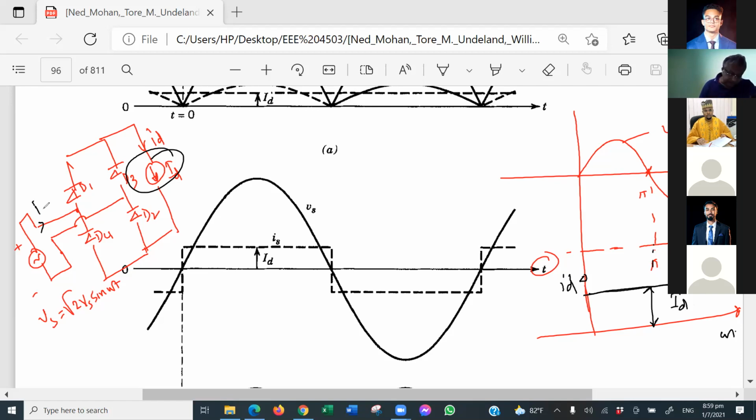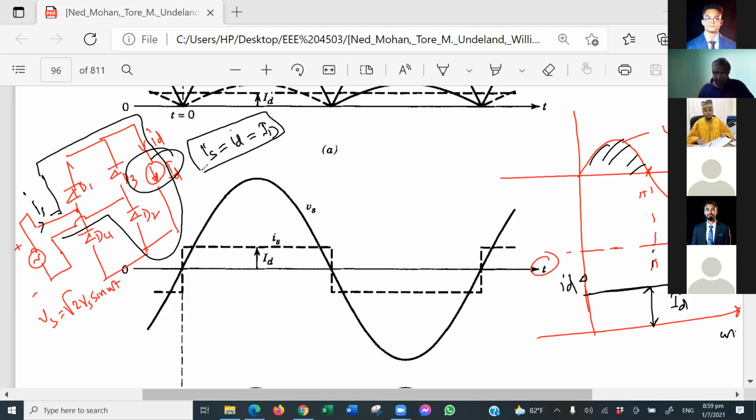Now, look here. This is your IS, and this IS will go for the positive half cycle, and will come back here. So IS equals ID, if this ID equals capital ID.